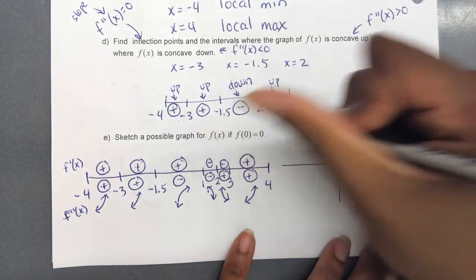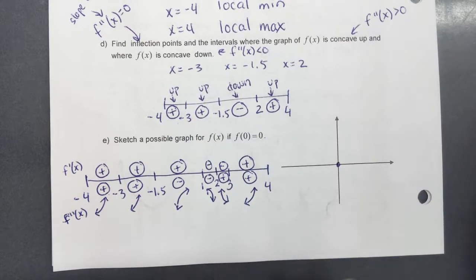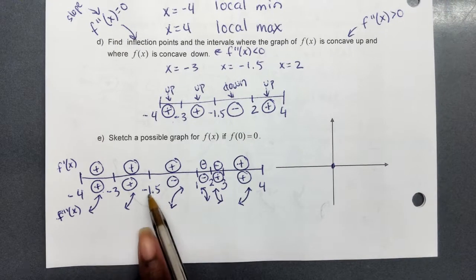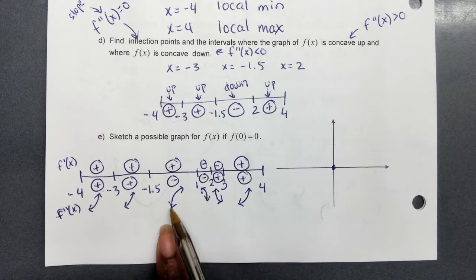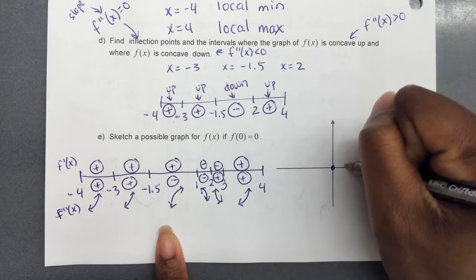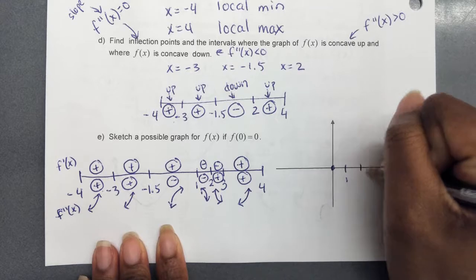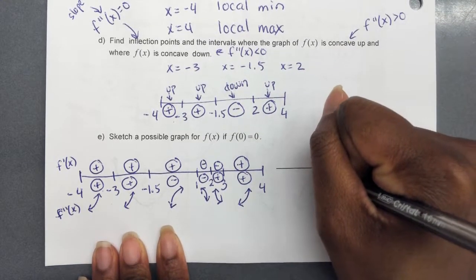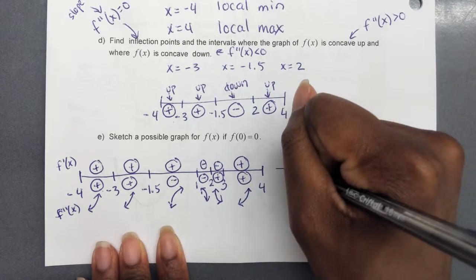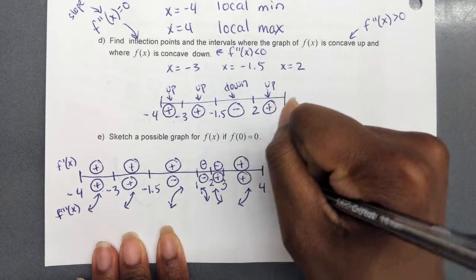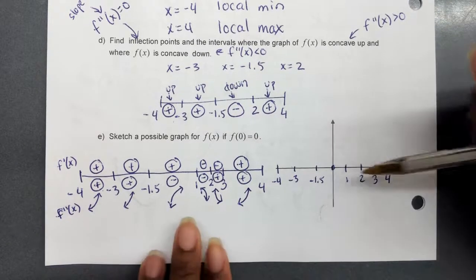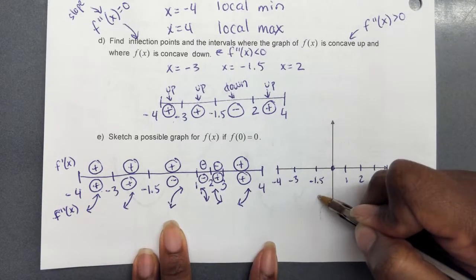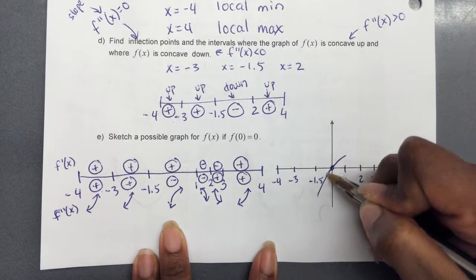Okay, so this wants us to start at 0, 0. So at 0, 0, between negative 1.5 and 1, our graph looks like this. So from negative 1.5 to 1, our graph should look like this. I'm just going to make sure that that passes through 0, 0.